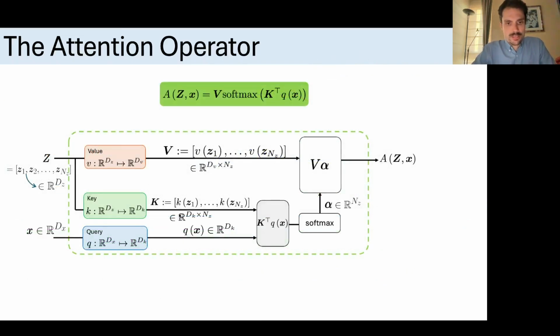And this is a graphical depiction of the attention operator. Note that we have one key vector and one value vector per reference vector. However, we have a single query vector.